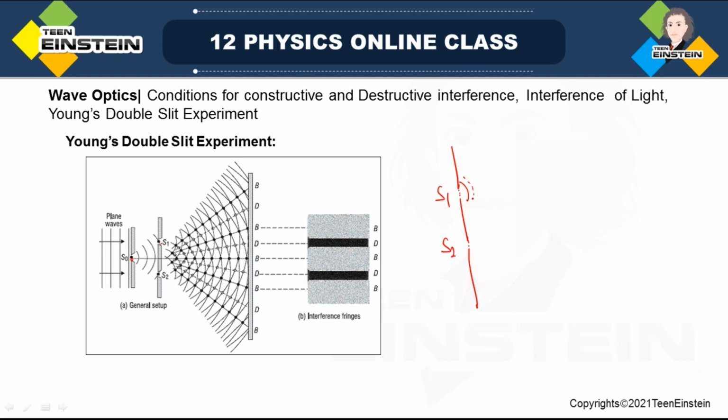Suppose the solid line is the maximum of the wave front, with maximum amplitude, and the dotted lines have minimum amplitude, and similarly alternately it will progress like that, spreading from that point.